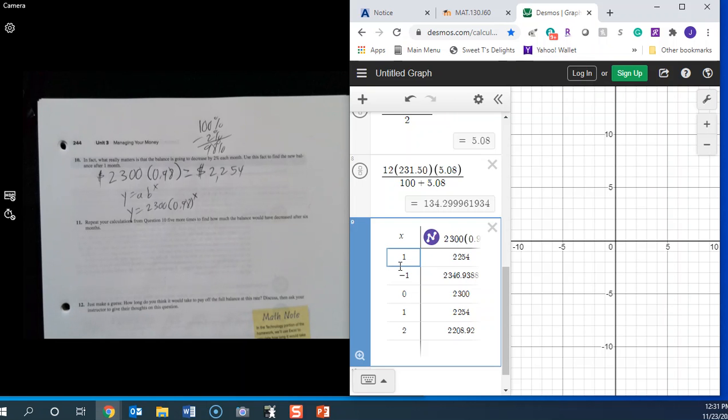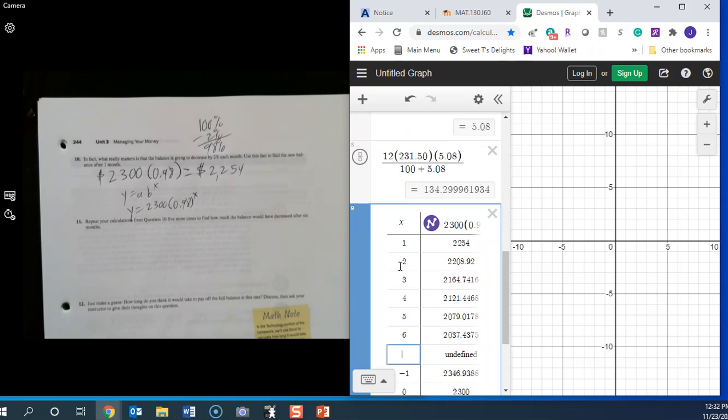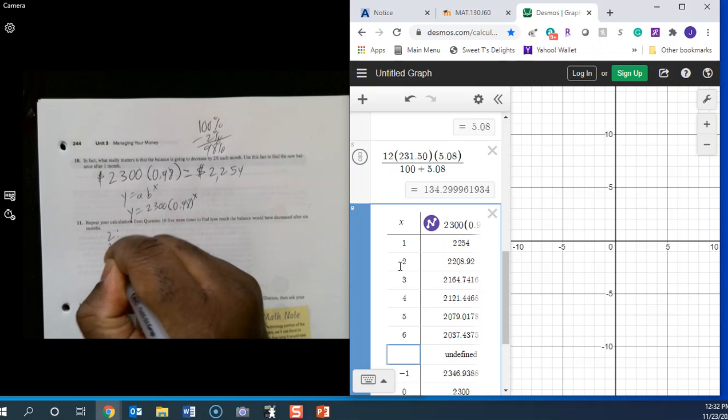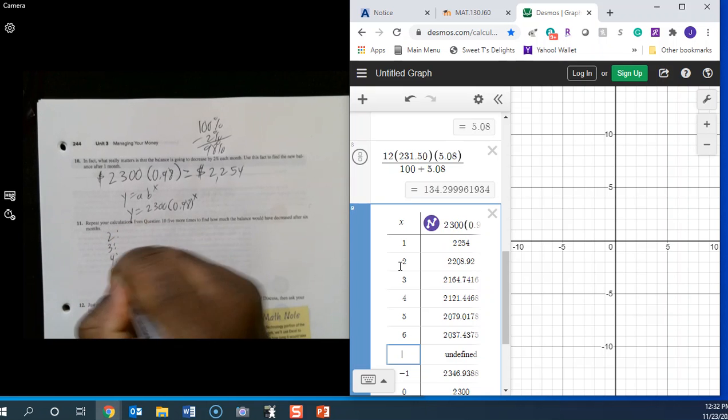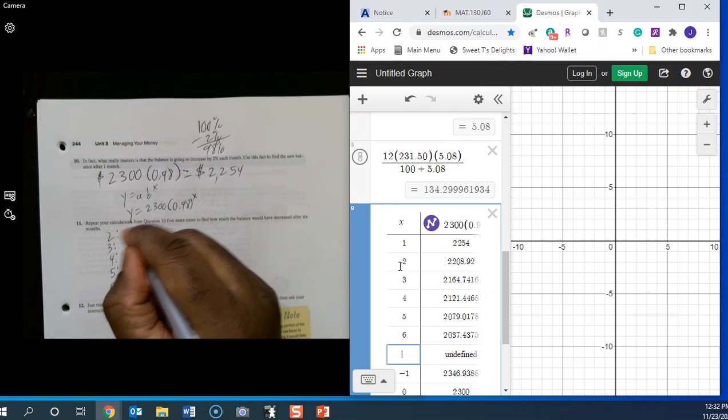Now we already did month 1, which gave us 2254, but they want us to go all the way to month 6, because they want us to go 5 more times. So we could type in 2, 3, 4, 5, and 6, and it gives us all of those values. These are the months.